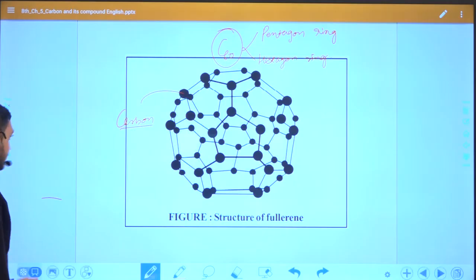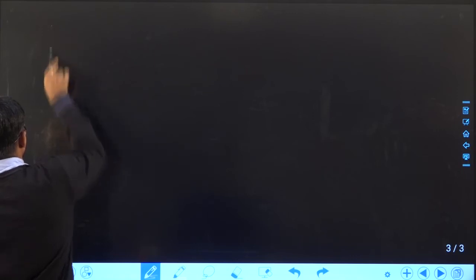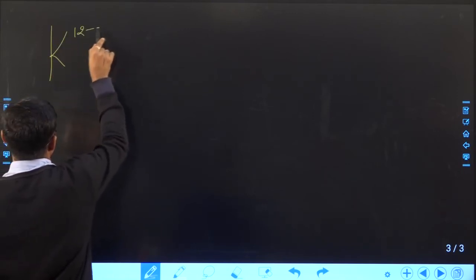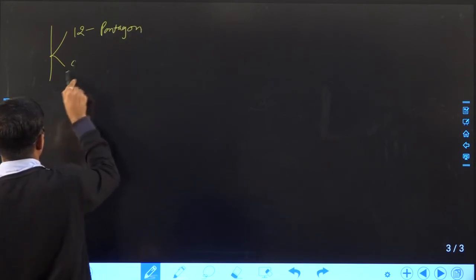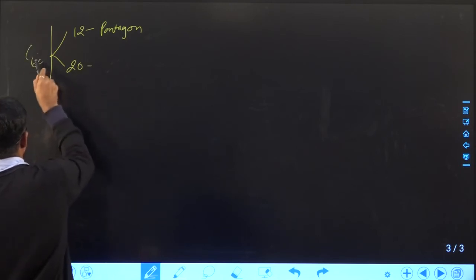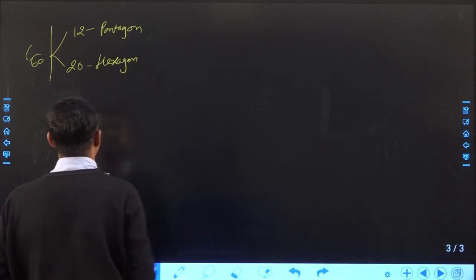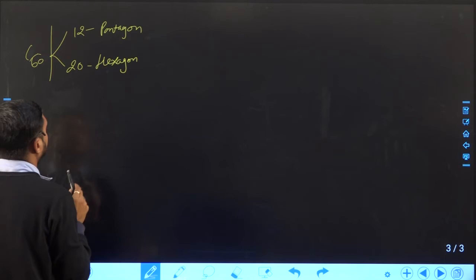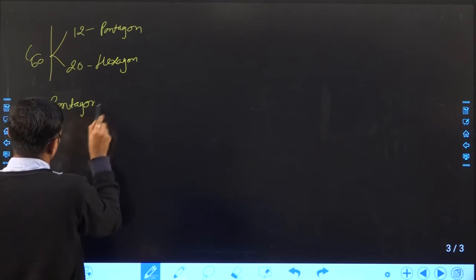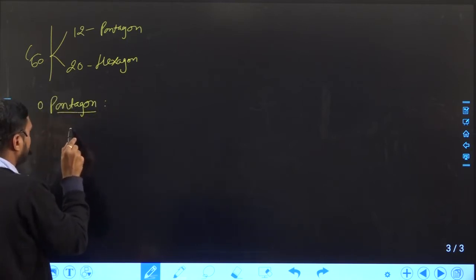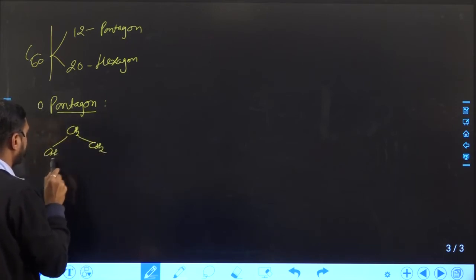How can we see? You can see here, suppose the structure contains how many rings? Total 12 rings are pentagon rings. Pentagon ring means it contains 5 carbon, or a 5 carbon containing ring.